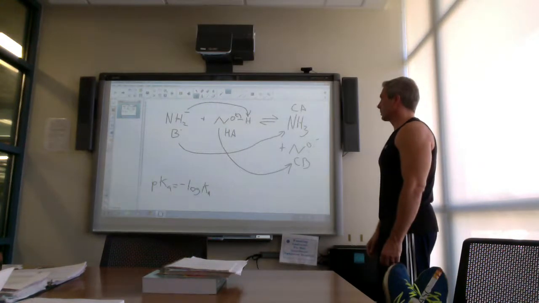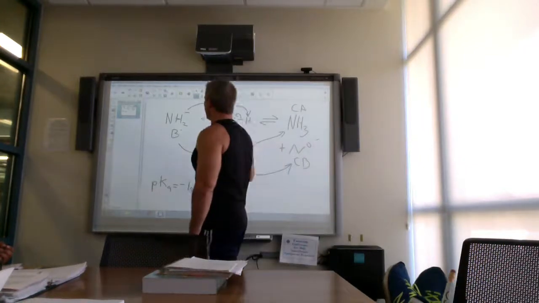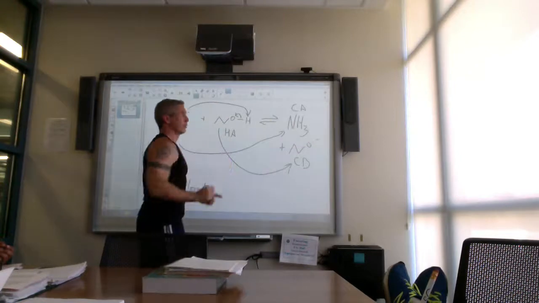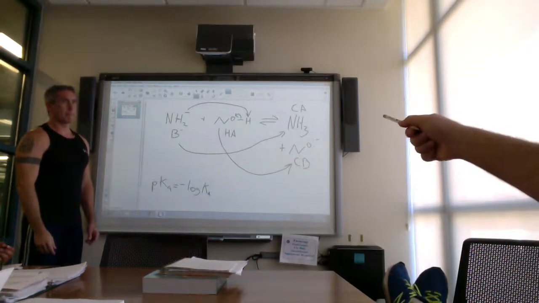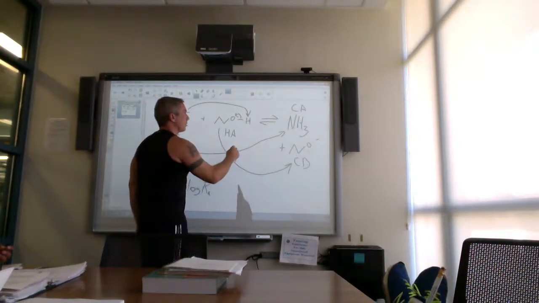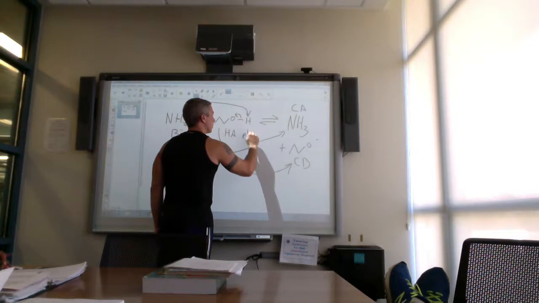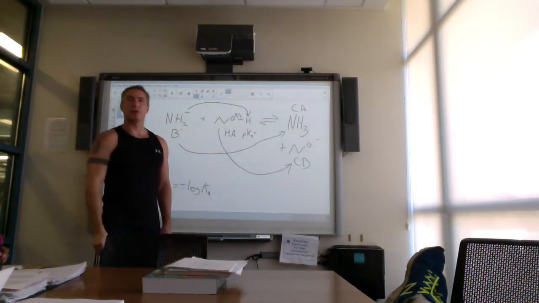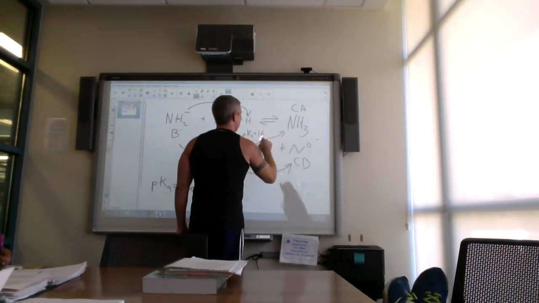Acid, base, conjugate acid, conjugate base. Now, again, if this is the acid, which one of these acids is stronger? This one. What's the pKa value of an alcohol in general? Is it 16? About 16. Look at you.